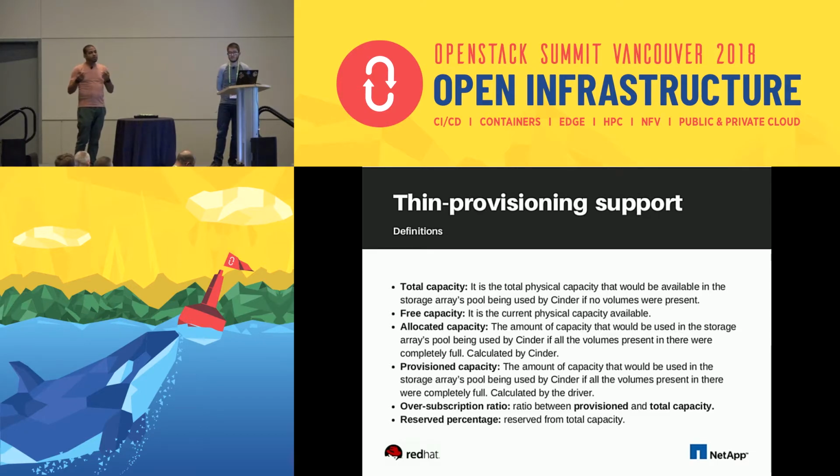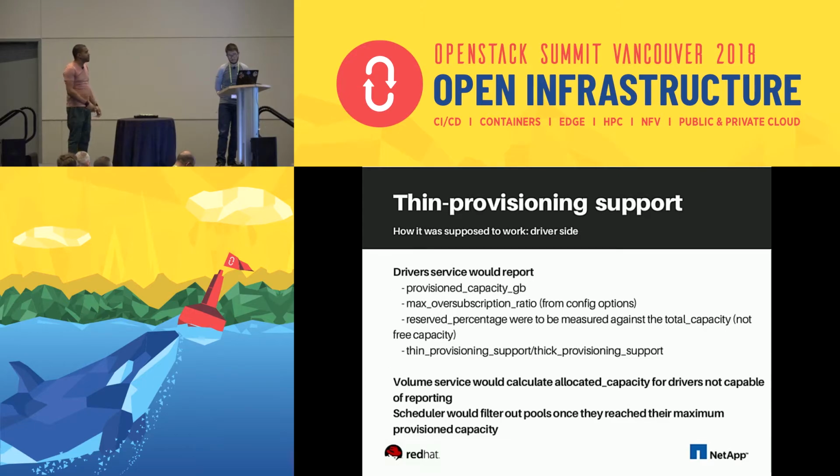If I had the opposite, if I had more thin volumes on that same pool, for example 2 terabytes of thin volumes, let's say 20 volumes of 100 gigabytes on that pool, then my oversubscription ratio would be 2, right? And the reserved percentage is a space that Cinder will just reserve and not allow volumes to be created over that reserved percentage.